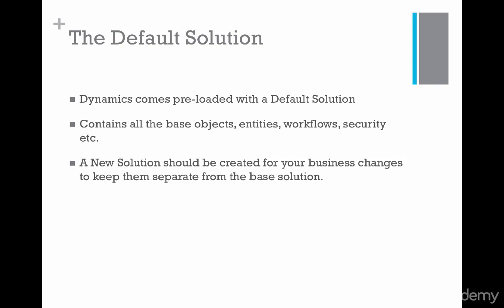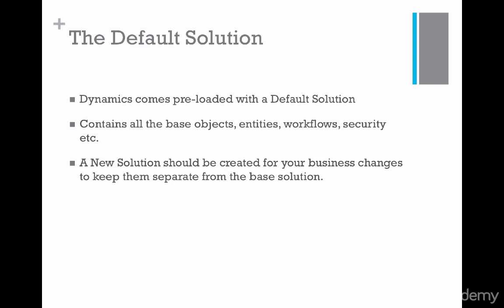When you first install or start using the online version of Dynamics CRM, it comes with a default solution pre-installed. This system has a set of entities and components already built into it that provide all the functionality for the basic system requirements and everything that is used out of the box.